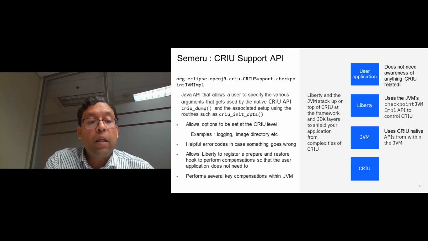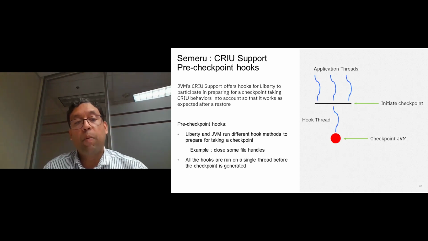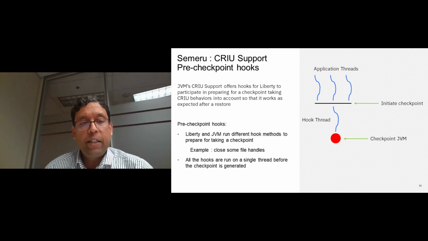Okay, the next piece of support that I would like to highlight from a JDK perspective is this notion of hooks, or pre-checkpoint hooks in particular on this slide. But what is a hook method in general? A hook method is basically a method that we use that will respond to certain events.